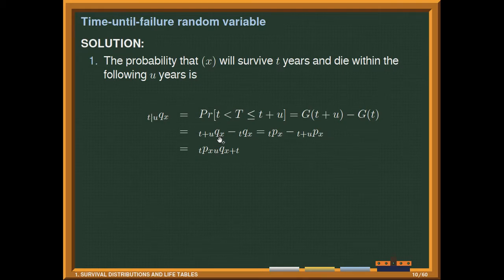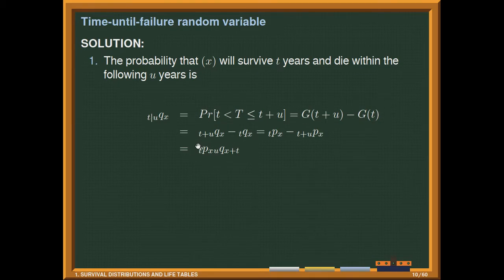This gives us the probability that a person age x dies within the next t plus u years minus the probability that a person age x dies within the next t years. And that could be expressed in terms of the survival function of the random variable T in this form, tpx minus t plus u px. And I think it's clear that this probability here is actually equivalent to this statement.